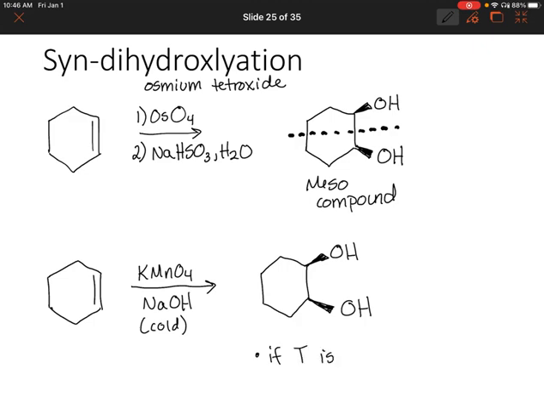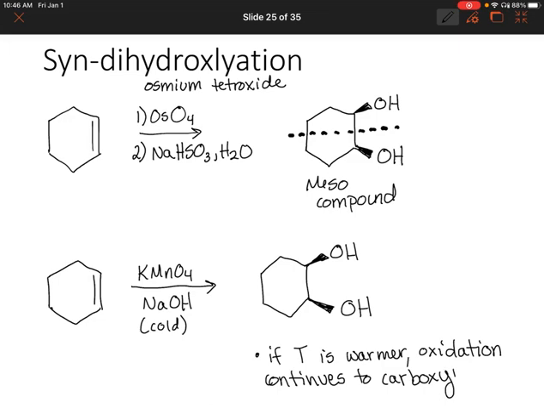If temperature is warmer, oxidation continues to carboxylic acids. Later on, when we talk about carboxylic acids and how to synthesize them, we could use potassium permanganate at warmer temperatures. But if you perform this at colder temperatures, you can just isolate the alcohol groups, which is nice.